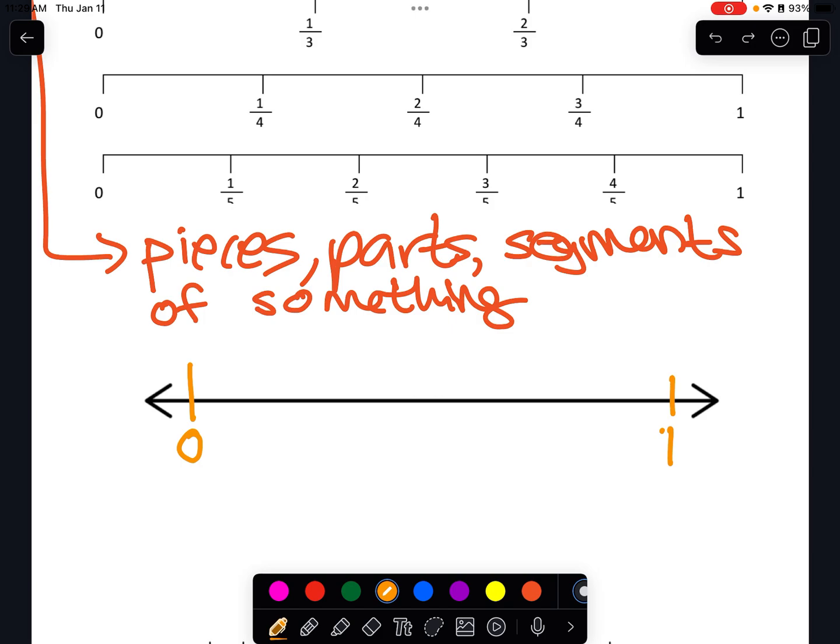Whoopsie daisies, I want to make it really clear that that's a 1. And then you're going to say to yourself, okay, I have to find where the 1/2 mark is, and I know that 1/2 looks like that when written as a fraction.